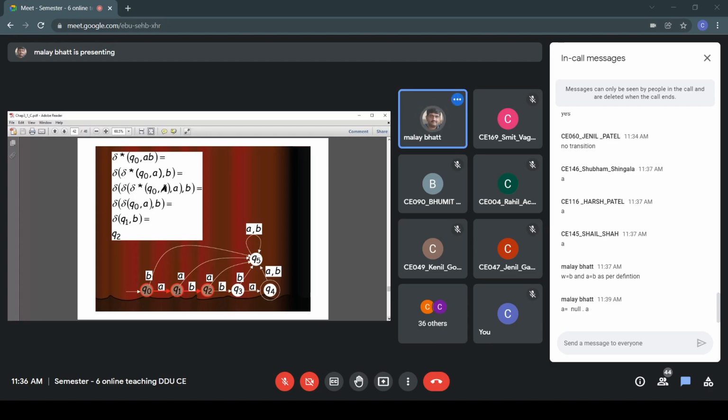So delta star of q0 comma a is treated as delta star of q0 comma null a, which is the same as delta star of q0 comma a, because null will not change the answer.